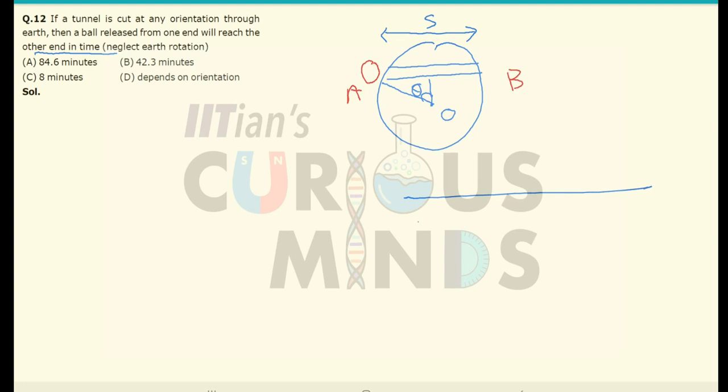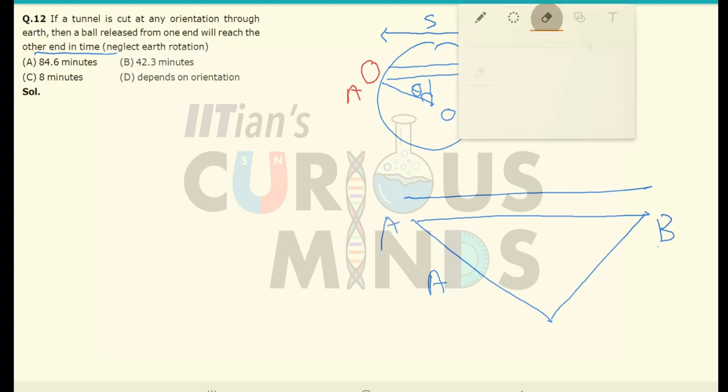If I draw a larger diagram over here, this is A, this is B, the entire angle over here. This point is A and the other point is D. The angle made over here is equal to theta, this distance is equal to R, and the entire distance over here is equal to s.